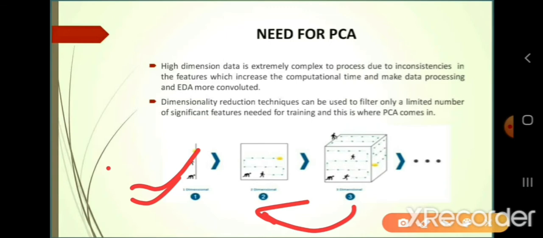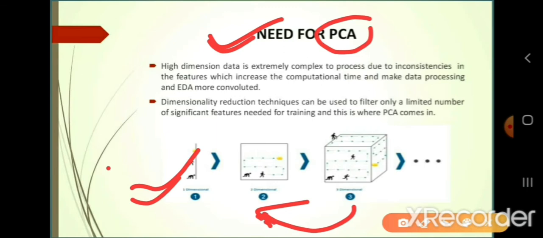So what does dimensionality reduction do? It is used to filter the significant attributes or features that are used to make predictions. So this is a kind of filter. Principal component analysis is also a dimensionality reduction technique used in data analysis.